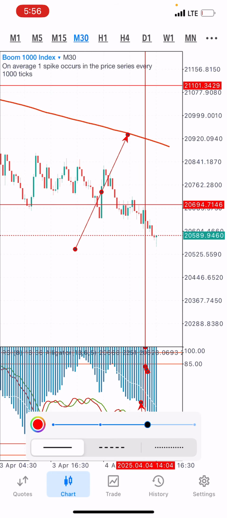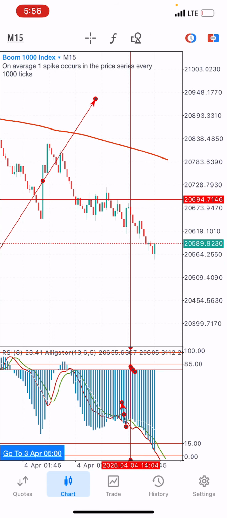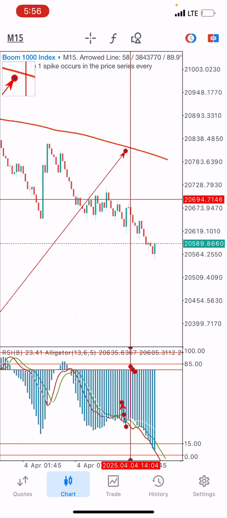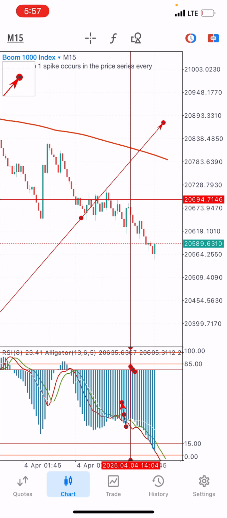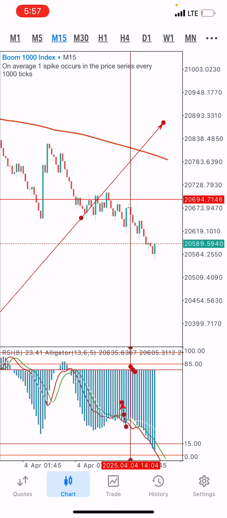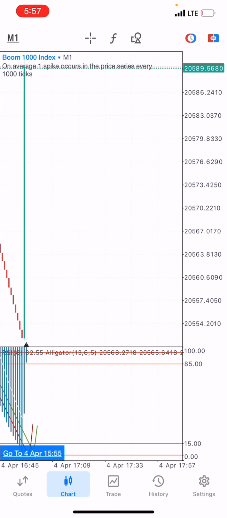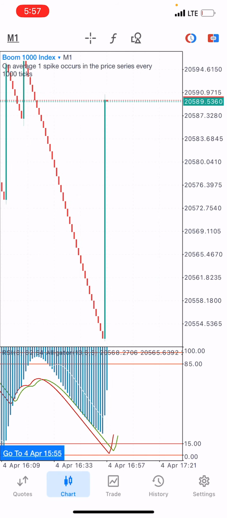Let's see the 15 minutes time frame. Same thing. So whenever you have the MA above the current price like this, the market will be going down more. That shows that we are in a downtrend. But if the MA is below the current price, below these candlesticks, that means we are actually going up. So that's its job. Well, you can do without it with this strategy because, like I said, it's well defined.